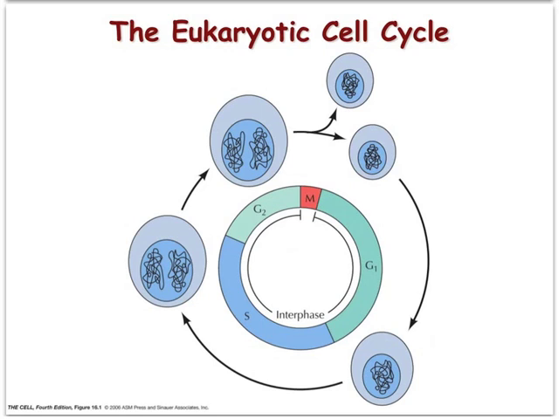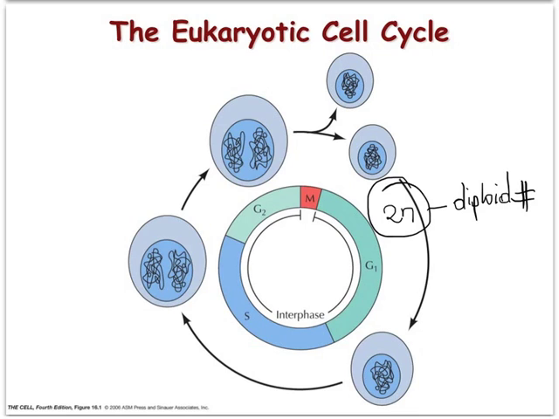Notice how, as the cell progresses through the cell cycle, the amount of DNA that it contains will increase. Early in G1, the cell will have its normal chromosomal number of 2n. 2n because we have 2 copies of every chromosome, and that's because we are diploid.